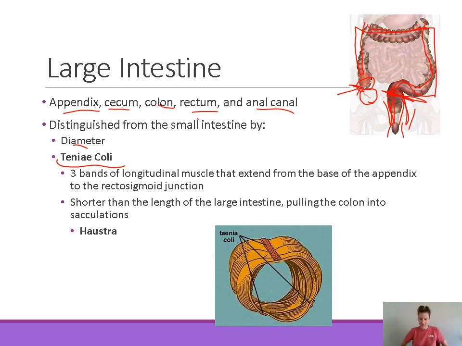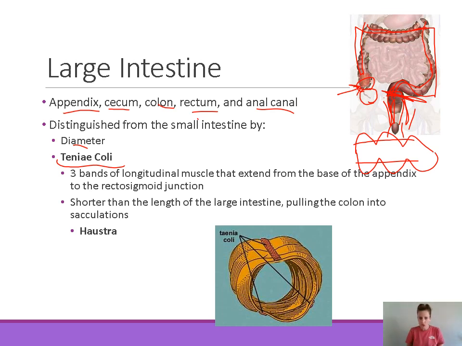Picture a drawstring in your pants: when you pull the drawstring tighter, it makes your pants cinch up, scrunch up. That's what happens with the large intestine. That's why when you look at it, it's not a flat tube. It gets pulled into these little sacculations, these little saccules.